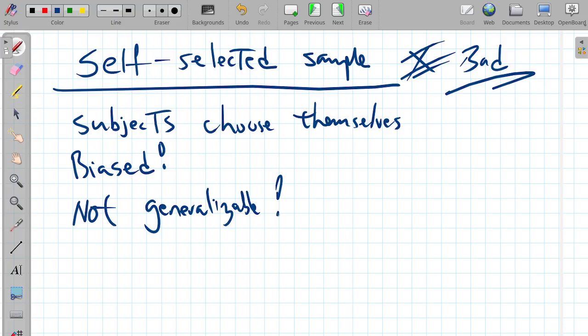There might be other criteria you want to look at. If you're studying people who generally exhibit certain characteristics, you can't generalize that to the entire population of the country because the country's full of people that don't meet those criteria.